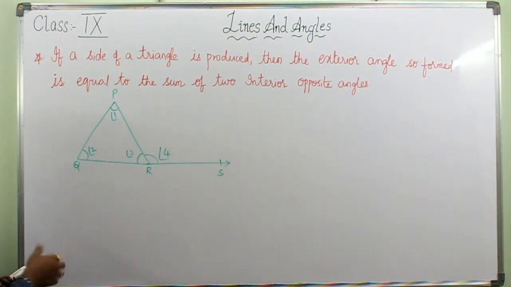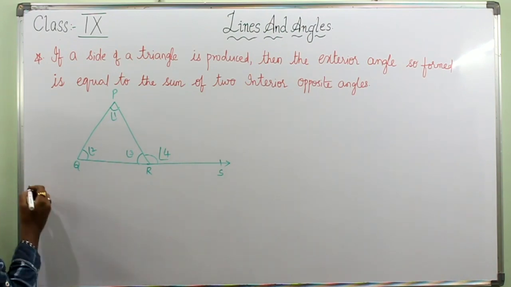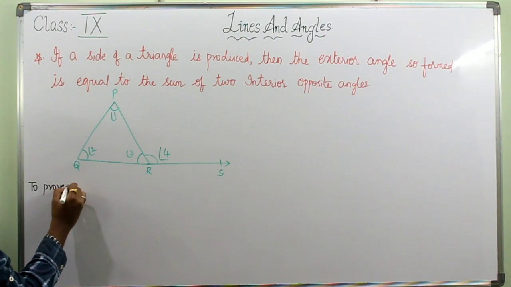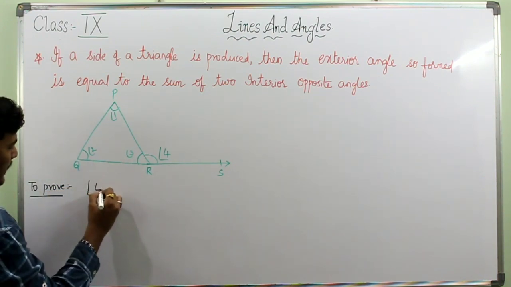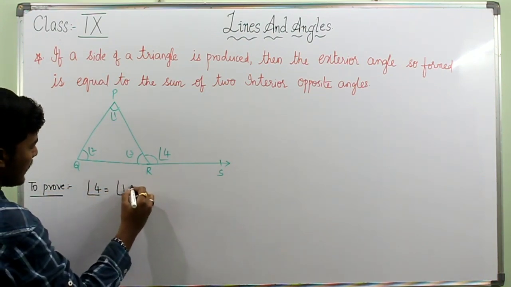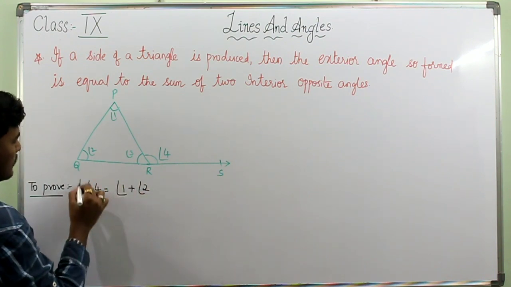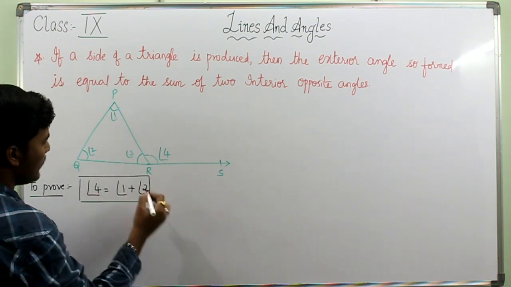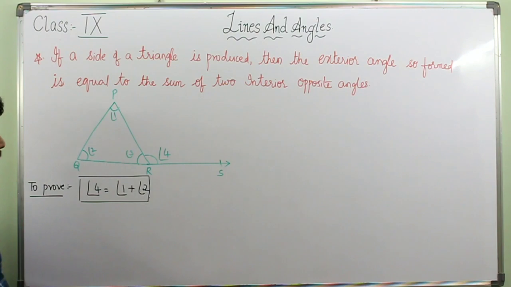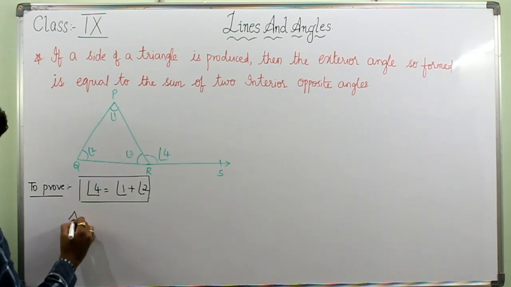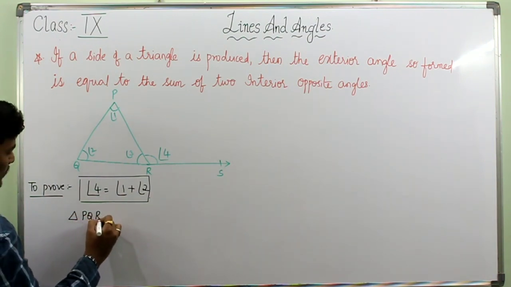What we have to prove is that the exterior angle, angle 4, equals angle 1 plus angle 2. For this, first consider triangle PQR.